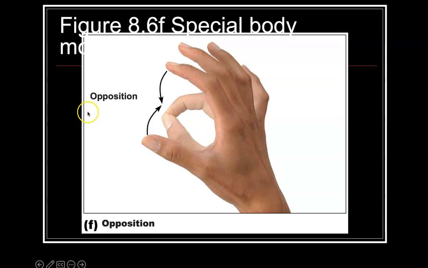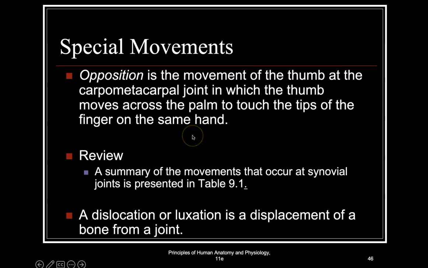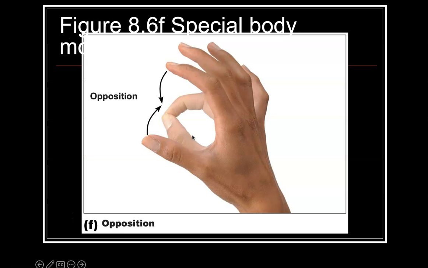The reason that it's termed opposition is this opposable thumb is what allows us to do our pincer grasp and pick up like Cheerios when we're a kid. This is, again, what makes us different than our dogs that don't have an opposable thumb and can't pick things up, right? So again, I always say it's nice to have an opposable thumb. It's nice to be able to do opposition, okay?